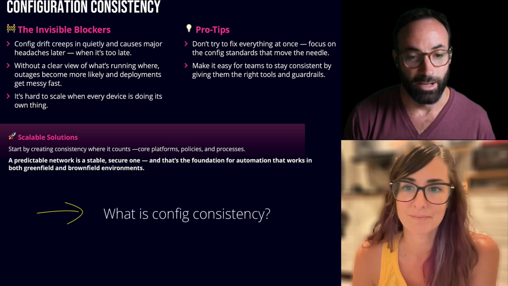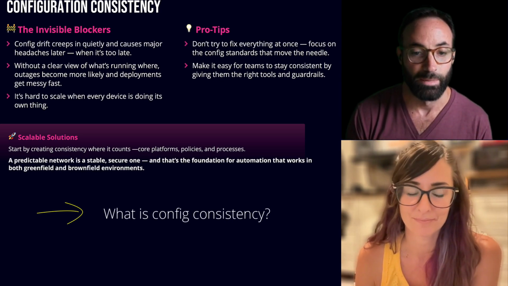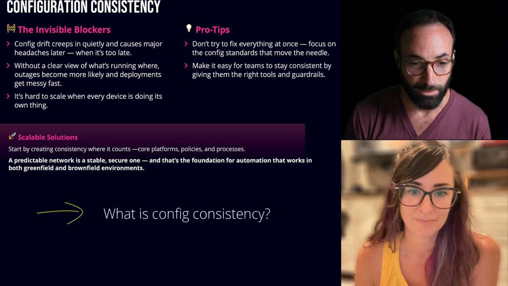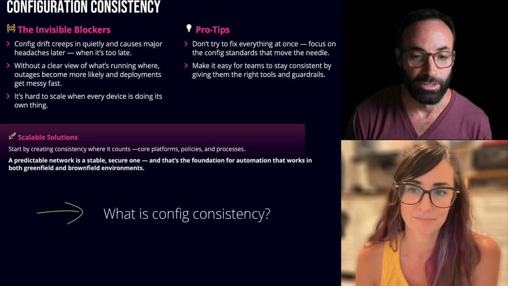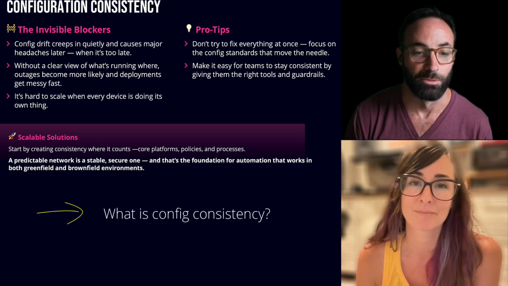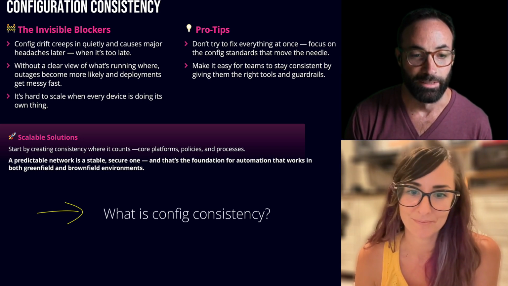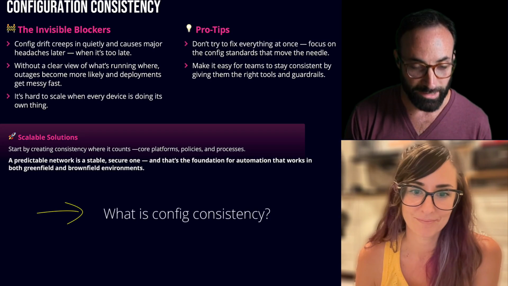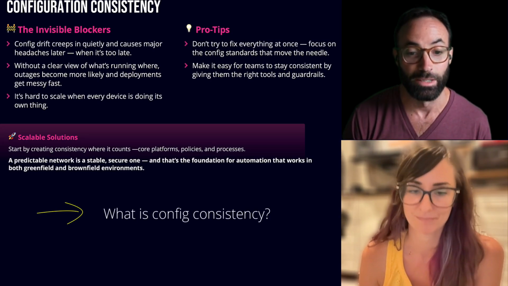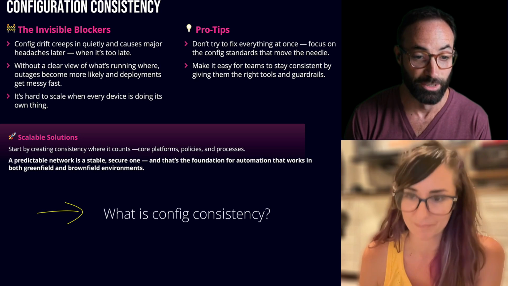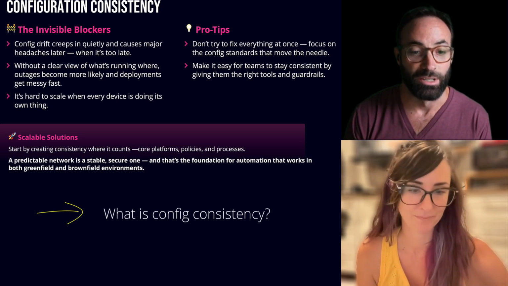Undocumented changes or these manual overrides that you have to make under pressure, or these fixes, they don't get propagated into the bigger picture of your architecture, or they don't get rolled back. So then you have this situation where you can introduce vulnerabilities, you have performance issues, or future outages if not addressed.